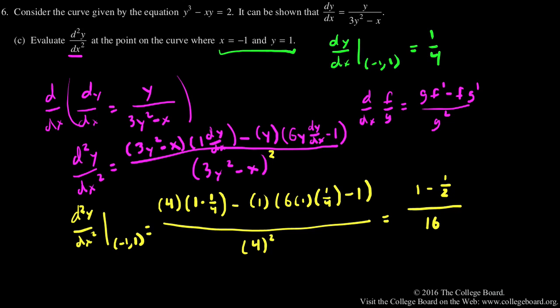And now there are a few ways to deal with this. This is the way I prefer, though. If I see fractions in a fraction, I'm just going to multiply by sort of the least common denominator of the fractions in the fraction, which is going to be 2, top and bottom. And that will give me 2 minus 1 over 32, which is 1 over 32.